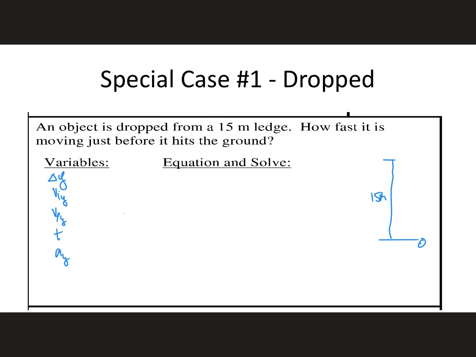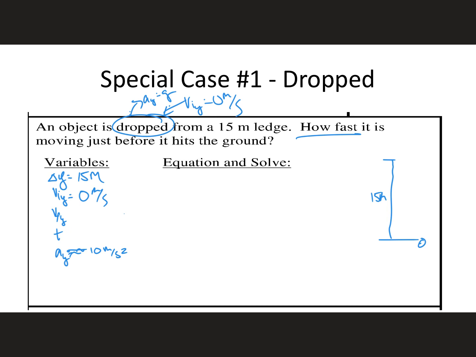So we see it's got 15 meters. Our initial velocity is 0 meters per second because it's dropped. Because it's dropped, we know that means there's gravity. So that'll be approximately negative 10 meters per second squared.